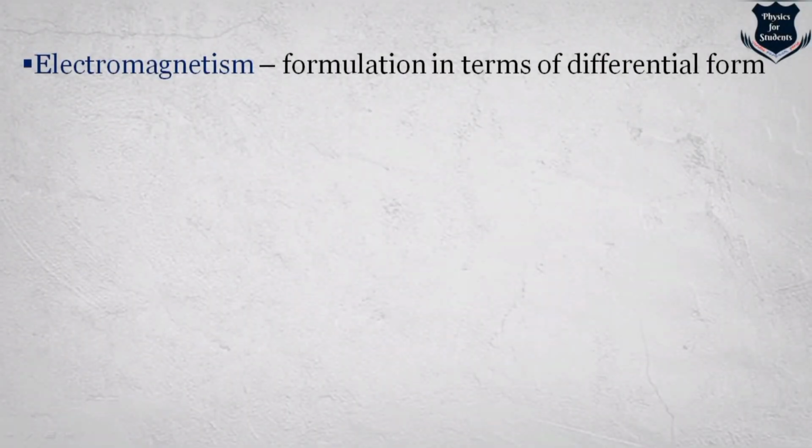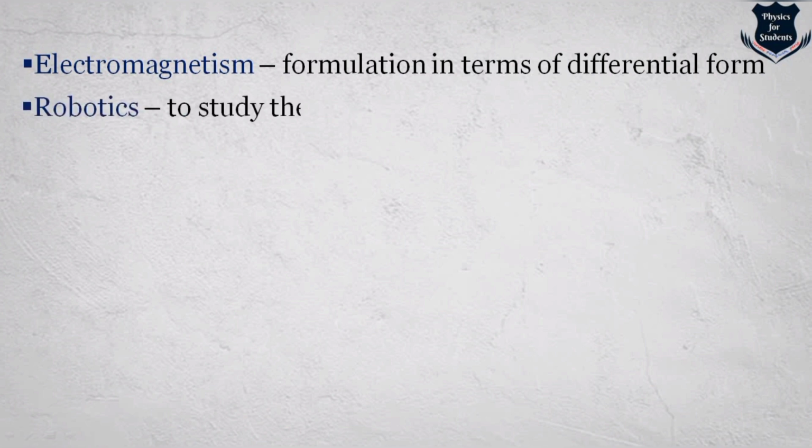Well, in electromagnetism, we have an elegant formulation in terms of differential forms. So the generalized Stokes theorem for differentiable manifolds is important. So there is a usage of differential geometry in electromagnetism. When we talk of robotics, geometric control theory uses differential geometry a lot to study the control of nonlinear systems.